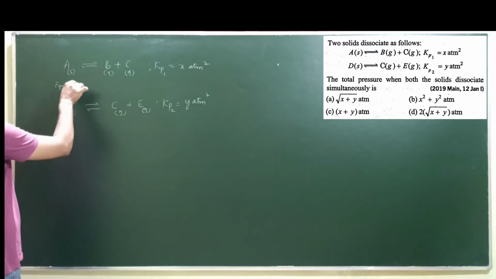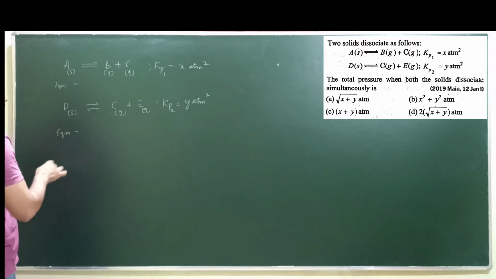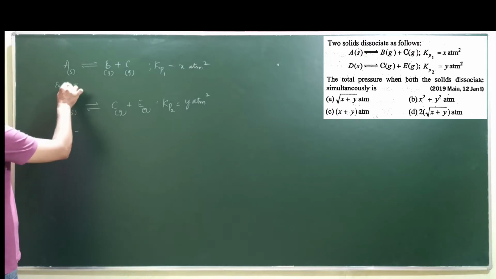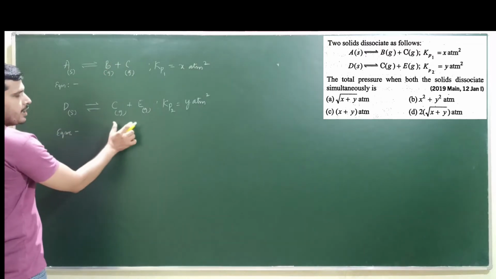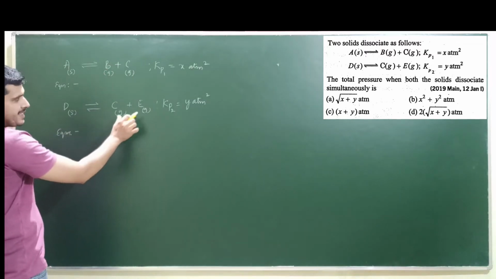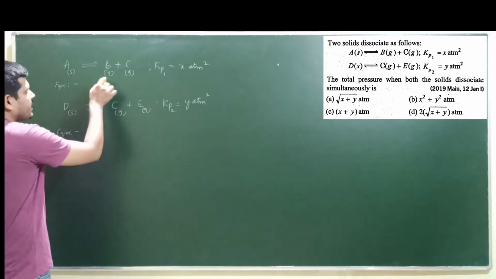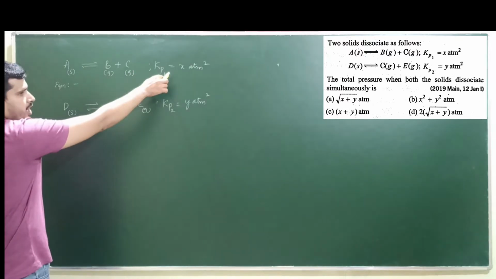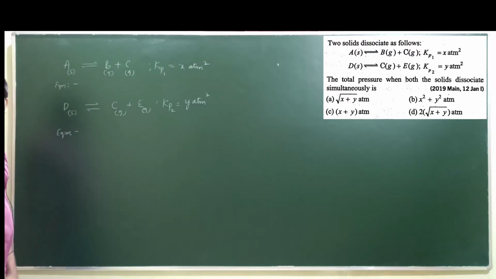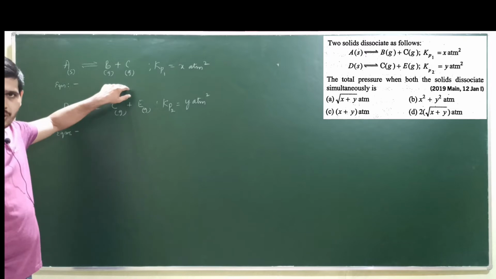Being solid, it won't contribute to pressure. Therefore the pressure of the first equilibrium is entirely due to gaseous B and C, whereas the second is due to C and E. I'll take P1 as the pressure of the gases present in equation 1.